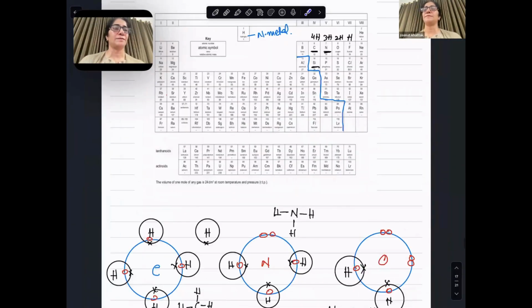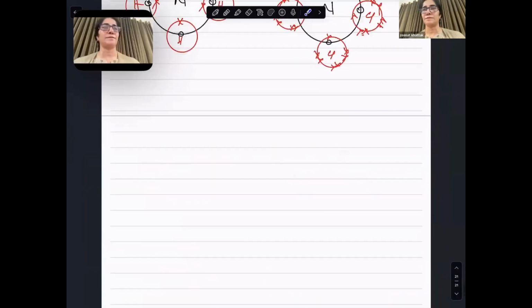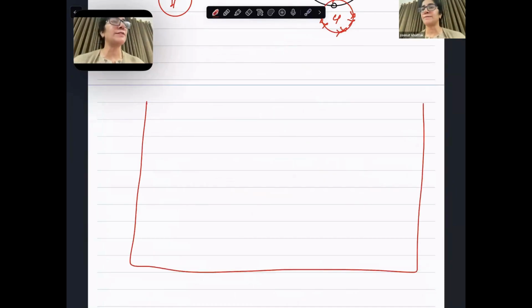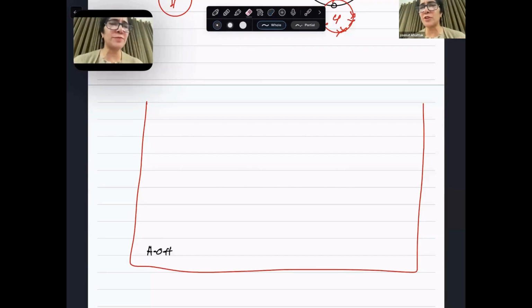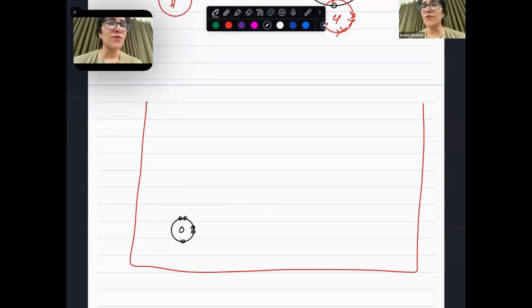For example, this is a container. Inside the container, this is one water. Let me draw it properly. Wait a minute, so that you can understand. This is 1, 2, 3, 4, 5, 6, and this is this.